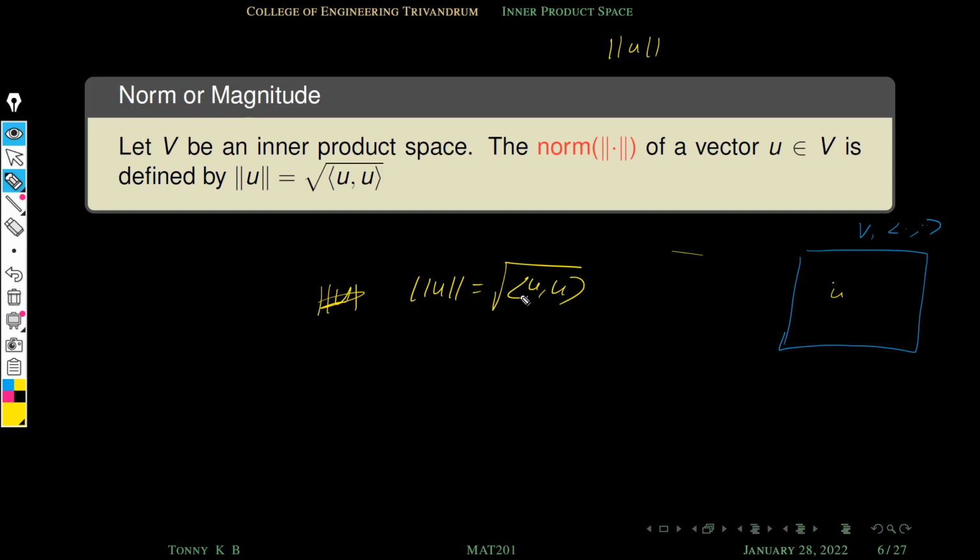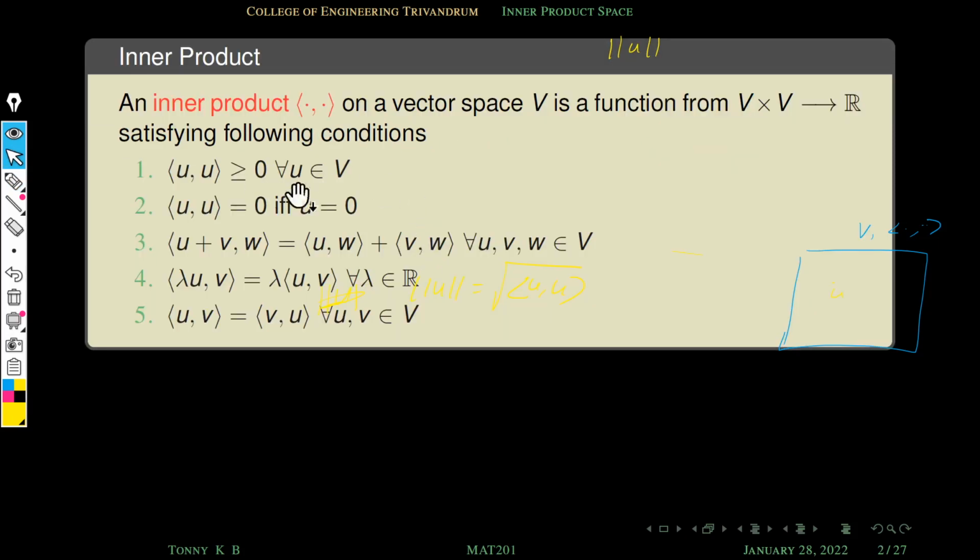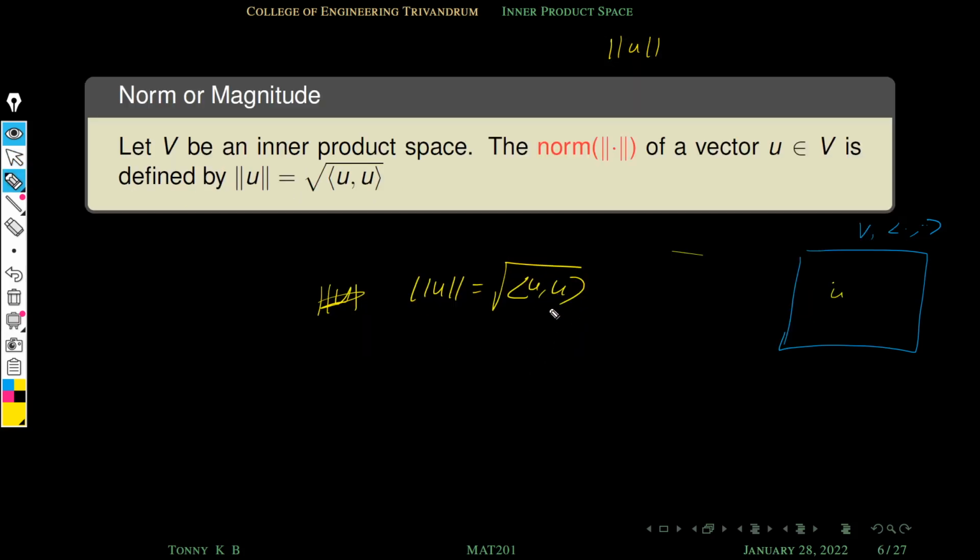And what about the inner product of u with u? By the definition of inner product, we know that it is always non-negative, always greater than or equal to 0. So this inside term is always greater than or equal to 0. So what about the square root? This square root means positive square root. In standard usage, for example, the square root of 4 is 2, not minus 2.